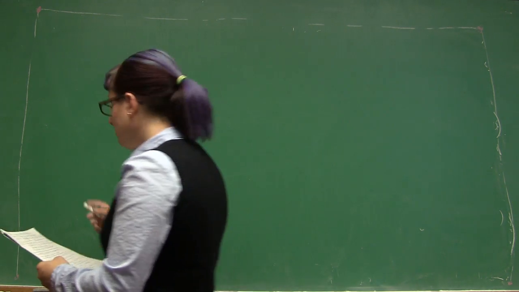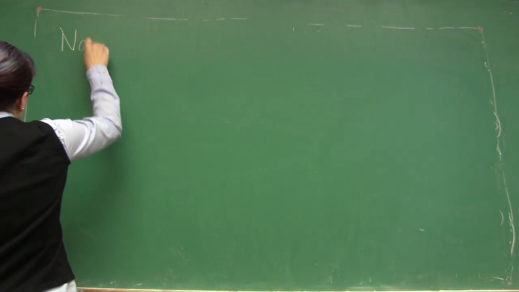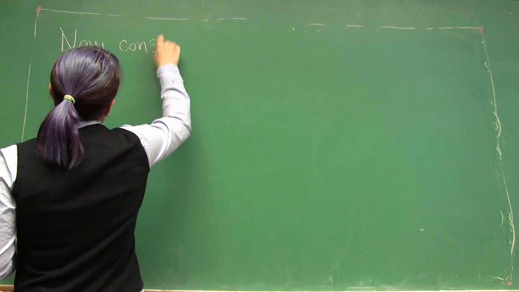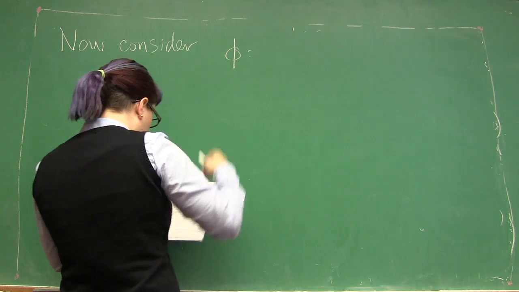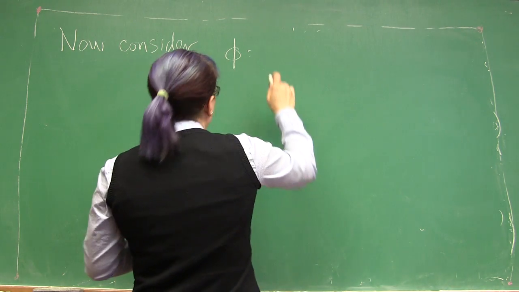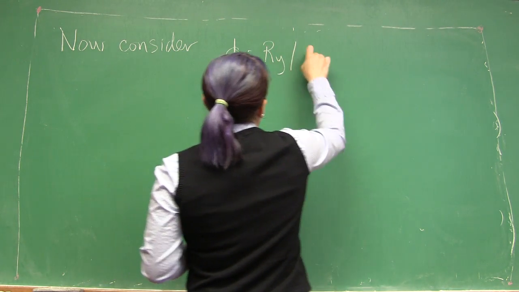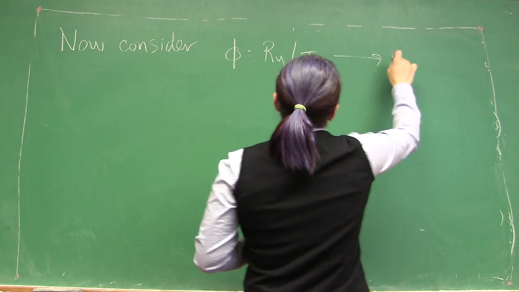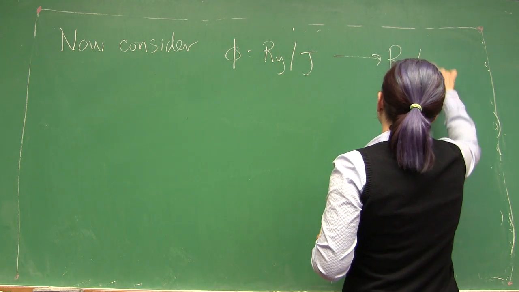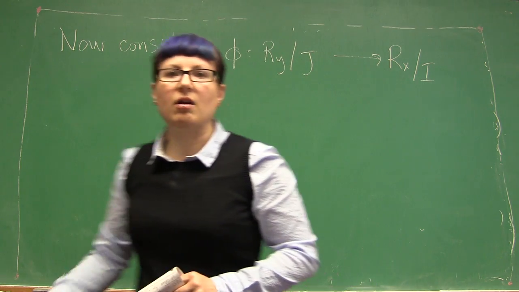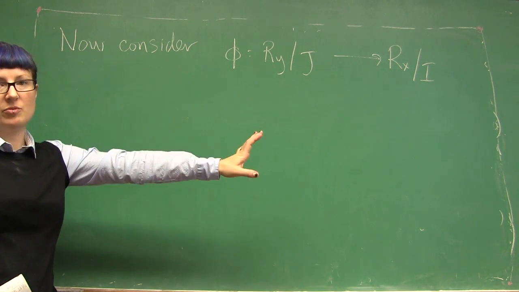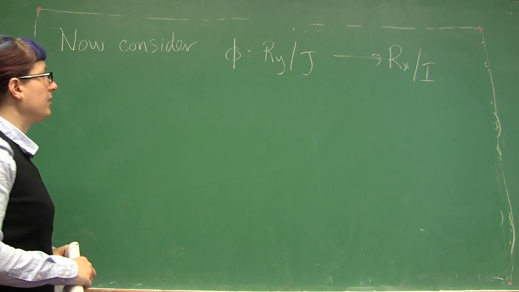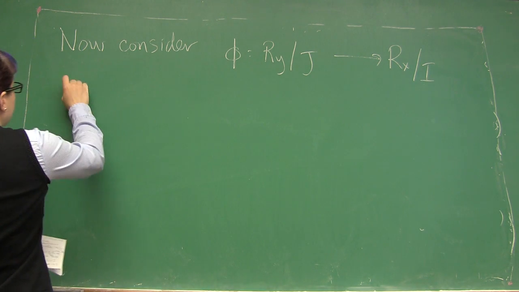Okay, so we now want to consider our maps phi to go from Ry mod some ideal J of Ry to Rx mod some ideal I of Rx, where again they are K-algebra homomorphisms, so they're both ring homomorphisms and K-linear transformations.